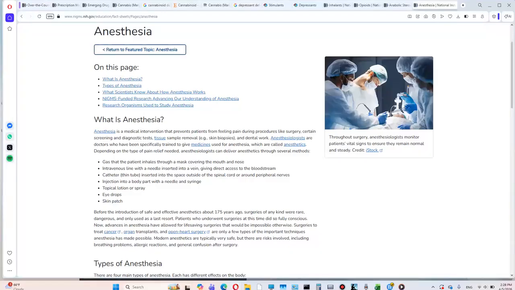Surgeries to treat cancer, organ transplants, and open heart surgery are only a few types of the important techniques anesthesia has made possible. Modern anesthetics are typically very safe, but there are risks involved, including breathing problems, allergic reactions, and general confusion after surgery.